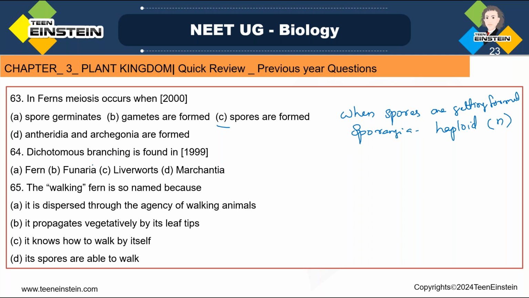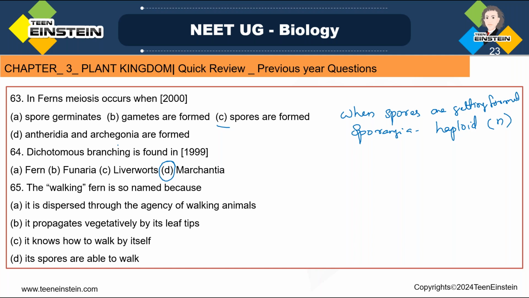See, here they are asking about dichotomous branching. So which option? The option is D. In Marchantia you can see it, isn't it?